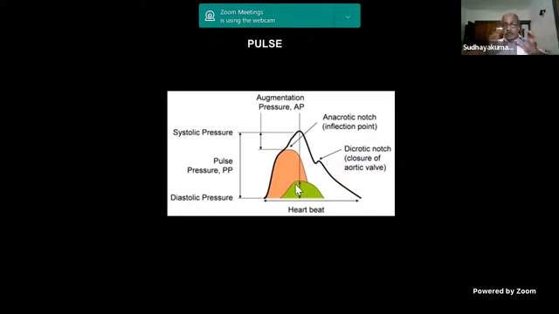That is, during systole, it generates a pressure which is augmented by the reflection, and that is the augmentation pressure. So from the peak systolic pressure to the diastolic pressure is the pulse pressure. And from the early systolic pressure, which corresponds to the anacrotic notch, if you can see, to the peak is the augmentation pressure. And the ratio is the augmentation index, the central augmentation index.